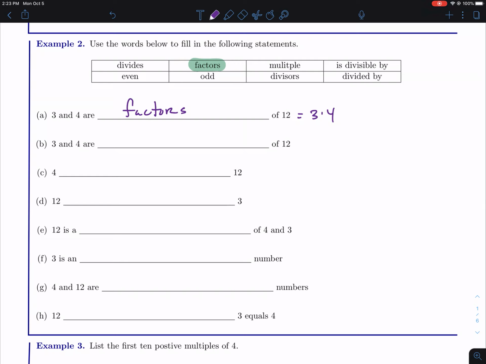All right, so 3 and 4 are blank of 12. There's another thing that we can do here. 3 and 4 are also divisors of 12, because they can divide into 12 evenly. That takes care of divisors. So 4 blank 12. In this case, 4 divides 12.